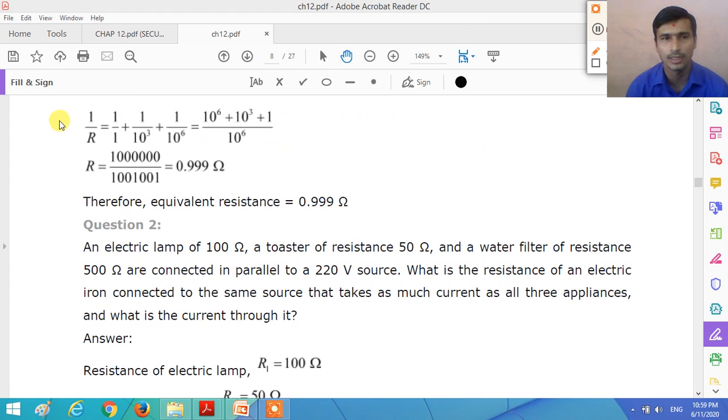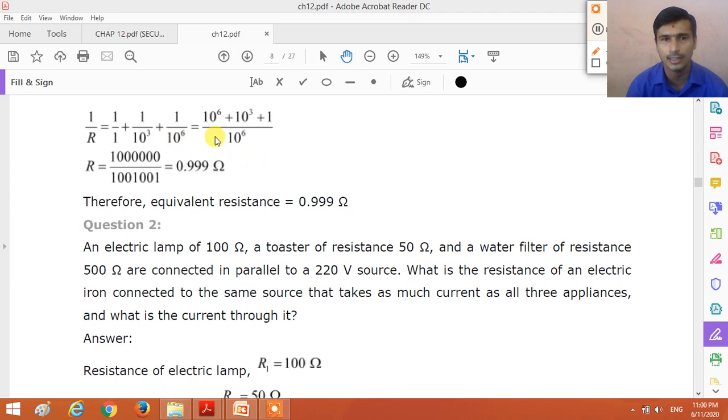According to the formula, the reciprocal of the equivalent resistance is the sum of the reciprocals of each resistance. So 1 by R is equal to 1 by 1, R1 is 1 ohm, plus 1 by 10 raised to 3, R2 is 10 raised to 3 ohm, plus 1 by 10 raised to 6, R3 is 10 raised to 6 ohm.